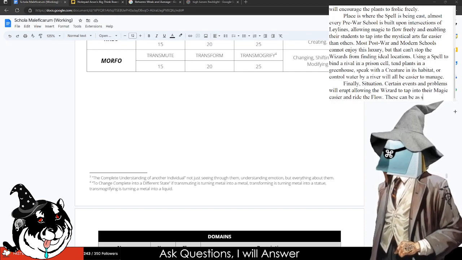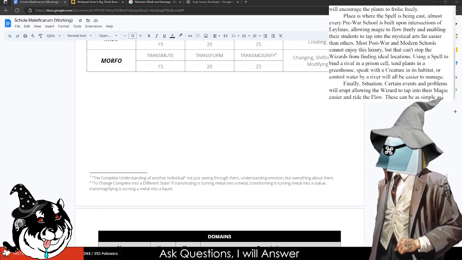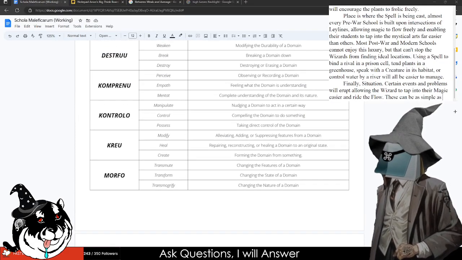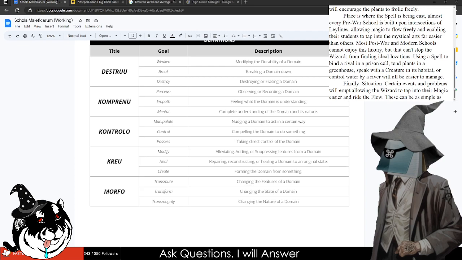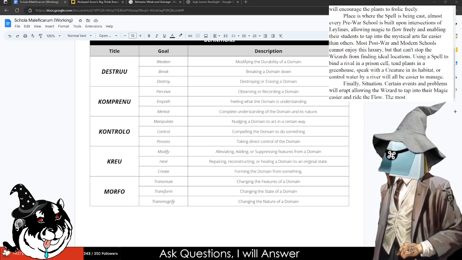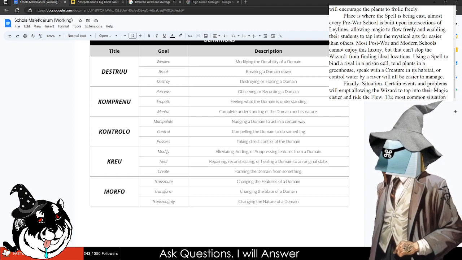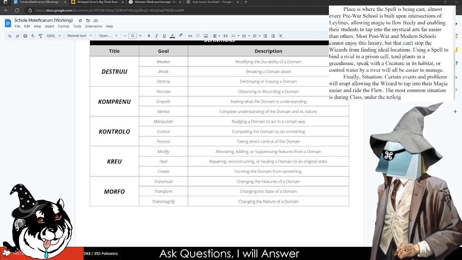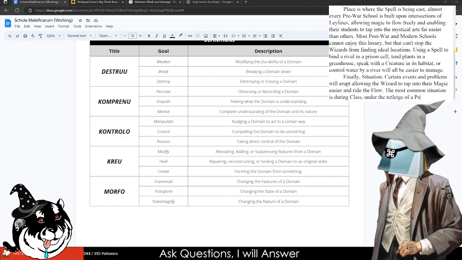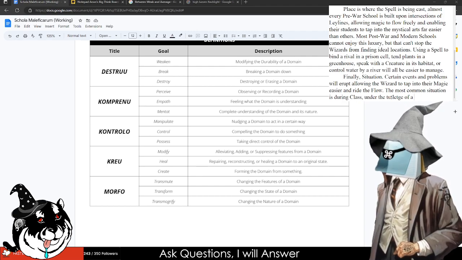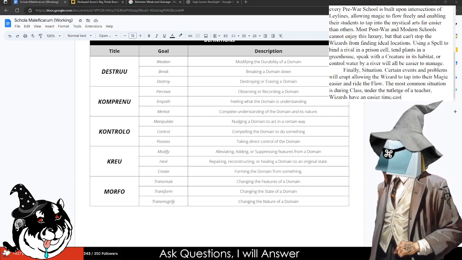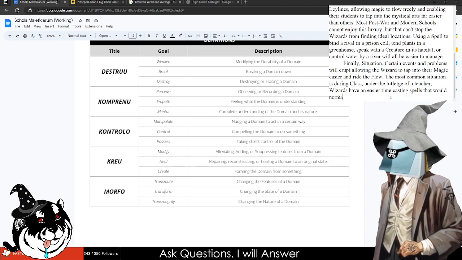These can be as simple as the most common situation, which is during class under the tutelage of a professor or teacher.